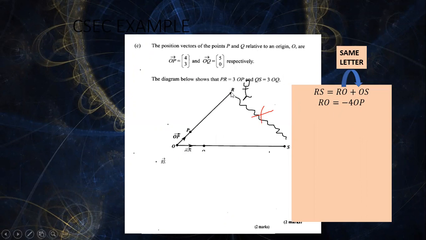So from O to R will be OP plus 3OP. See that? You have three small OPs coming on here, and we have another OP coming here, but in a totally different direction. 1, 2, 3, 4. That's why RO is negative 4OP. Any questions there?